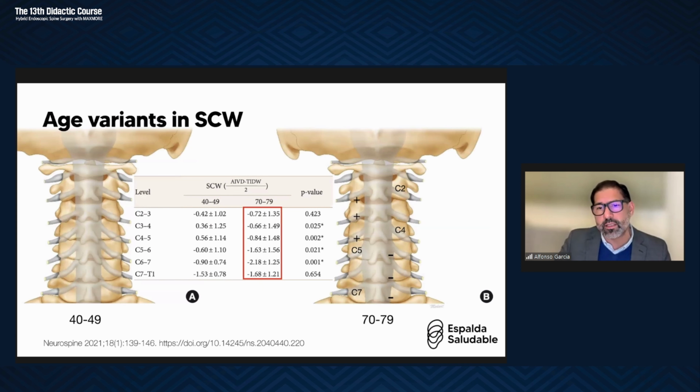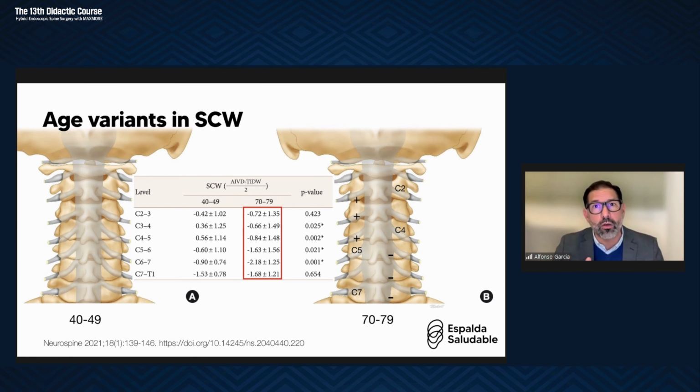What it means is that in the older patient, between levels C5, 6, C6, and C7, the actual lateral limit of the dura is a little bit wider in relationship to the V point. This is very important because the V point is your anatomical landing point that you need to identify before you start decompressing. And you need to know that in the younger patient between 40 and 50 years old, this dural sac is not that wide.